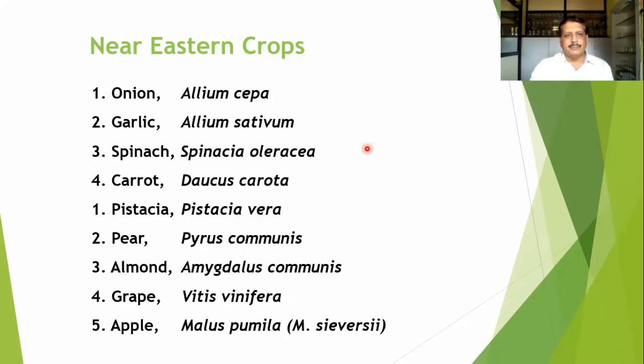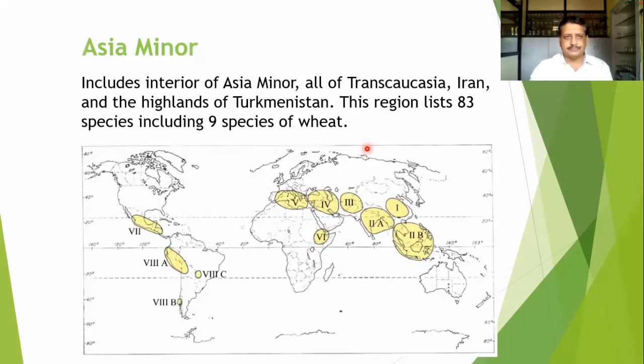Then Allium cepa, Allium sativum, then Spinacia oleracea, leafy vegetables, Daucus carota, carrot, Pistacia vera, then Pyrus communis, Amygdalus communis, almond, Vitis vinifera, grapes, and Malus pumila, the apple. So these are the species also grown in those regions.